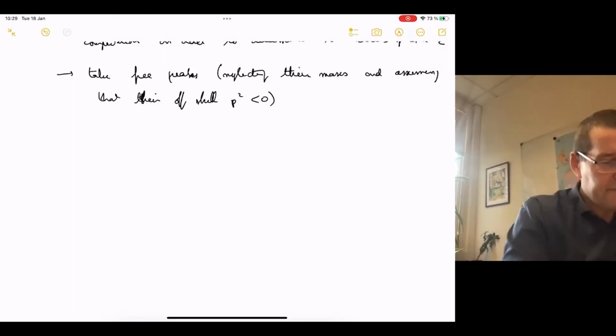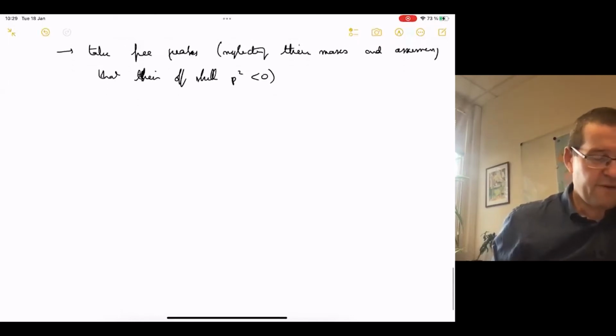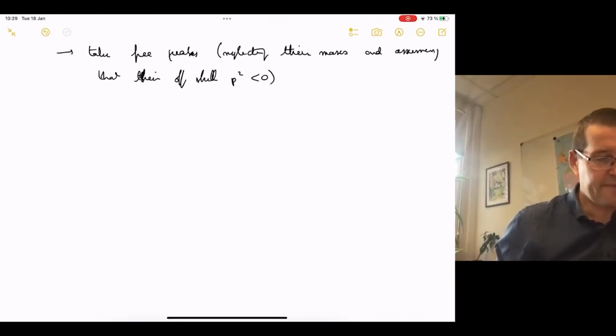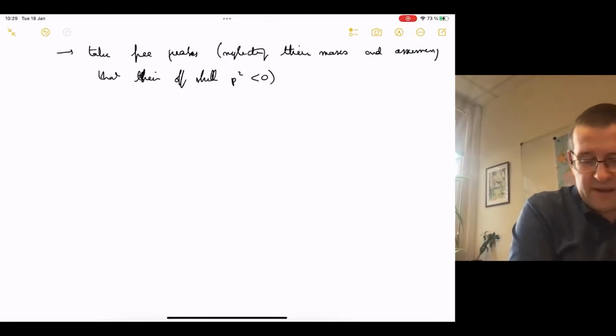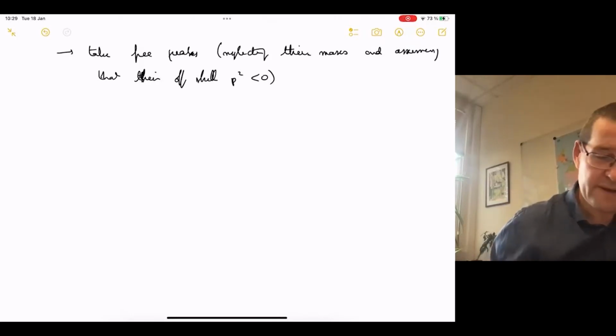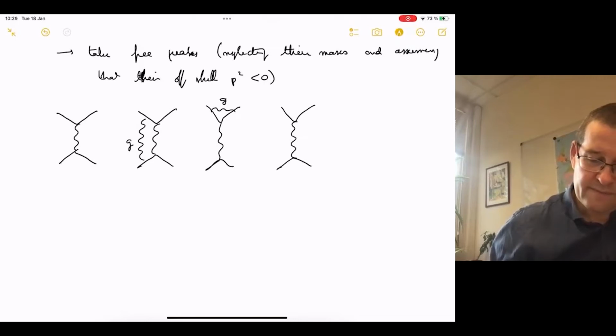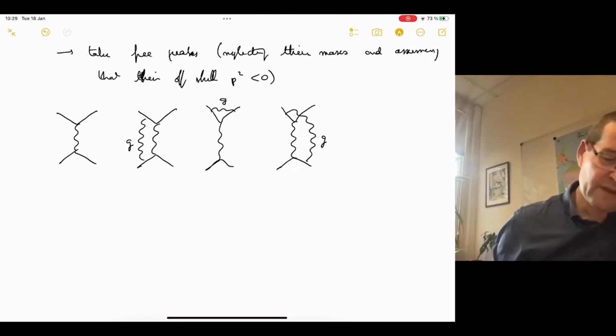Okay, so now if I'm just looking at the expression that I will get if I try just to compute within the standard model all the gluons here.